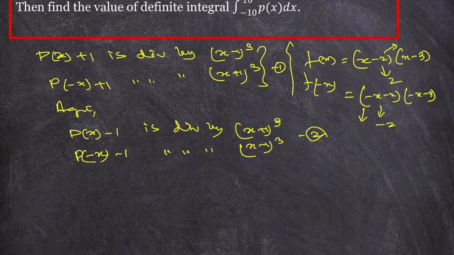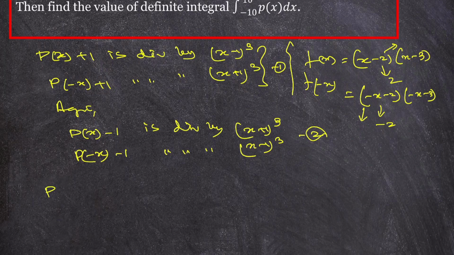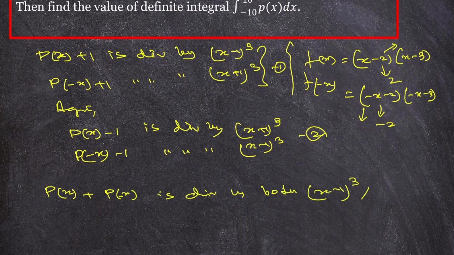So from 1 and 2, if we just add these two, we get P(x) plus P(minus x), in which plus 1 and minus 1 get cancelled. P(x) plus P(minus x) is divisible by both (x minus 1) whole cube and (x plus 1) whole cube.